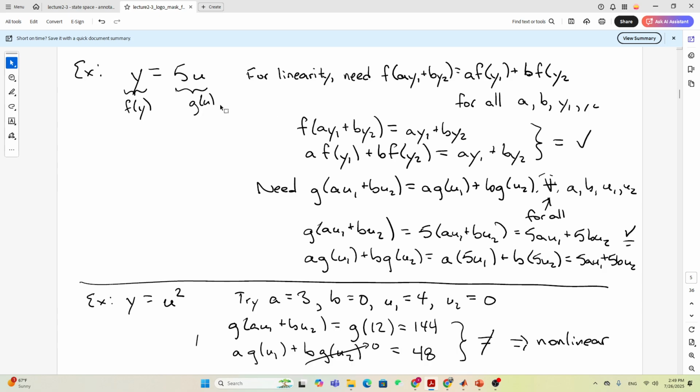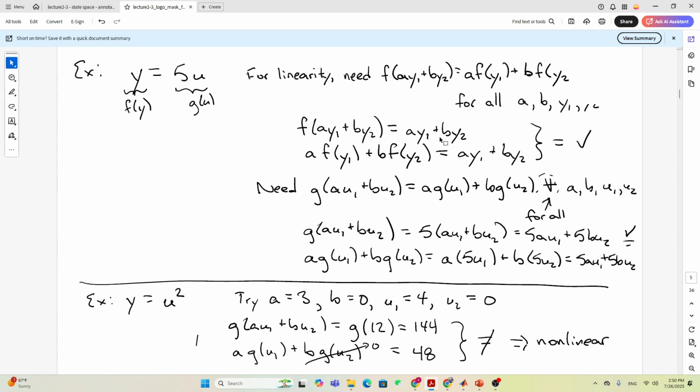Well, we can use actual numbers to give it a try. So in this example, let's assume we have a, b, and plug into this equation f of a y1 plus b y2 equals a y1 plus b y2, and let's check whether it meets the scaling or homogeneous property. It is supposed to equal a times f of y1 plus b times f of y2.